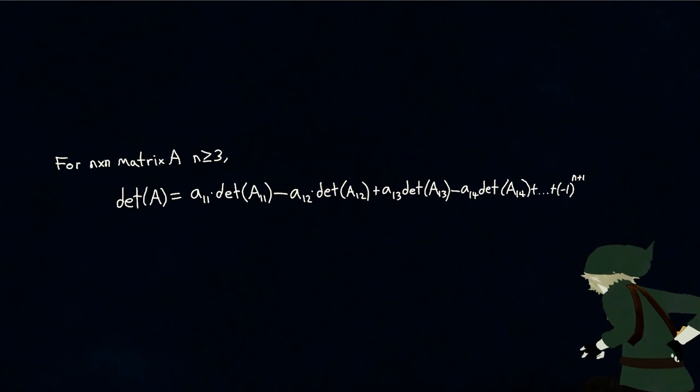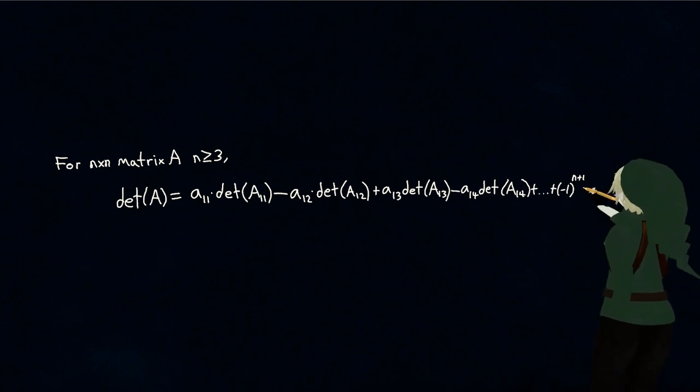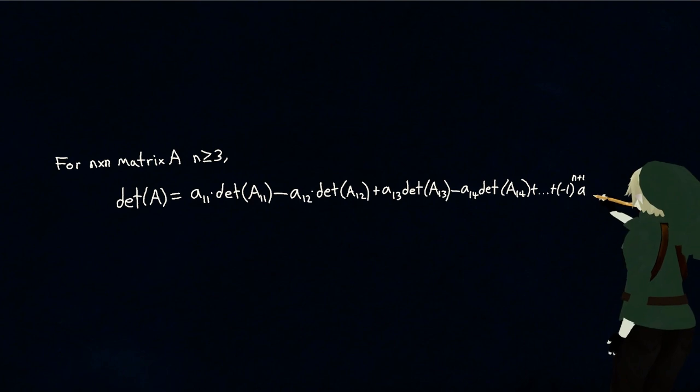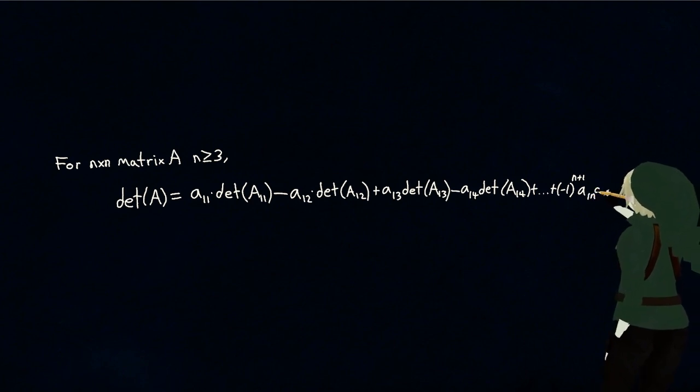At the end, (-1) to the n plus 1 of whatever entry A1n times the determinant of the submatrix A1n.